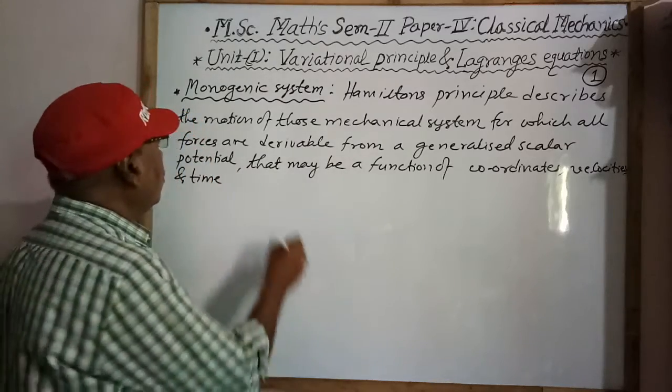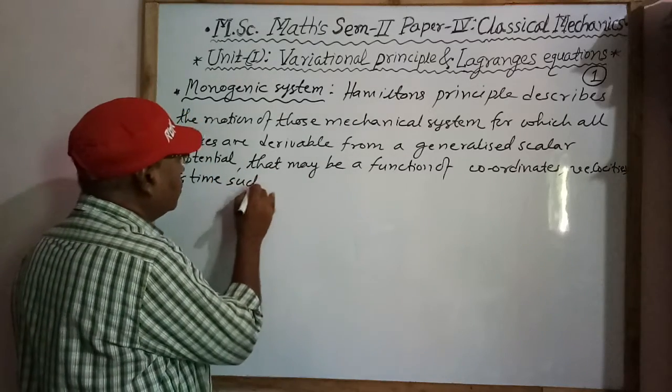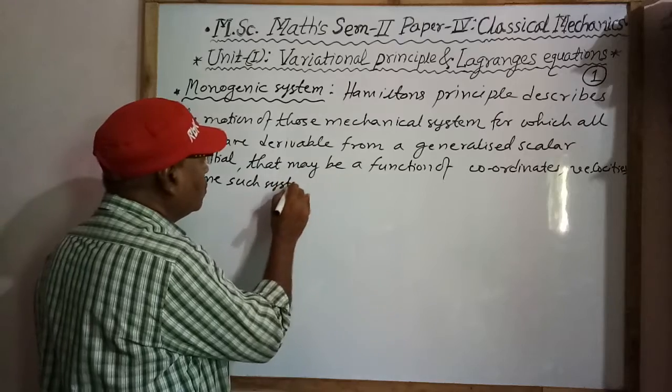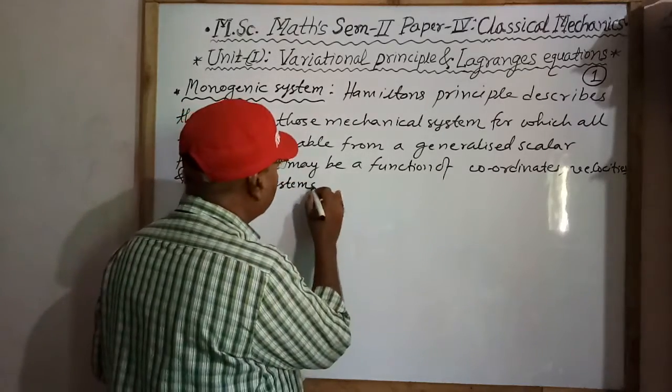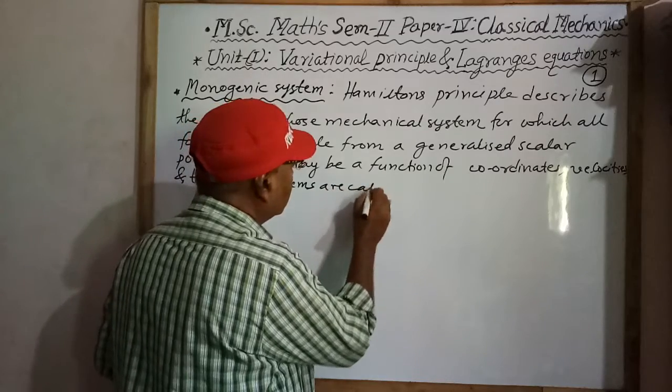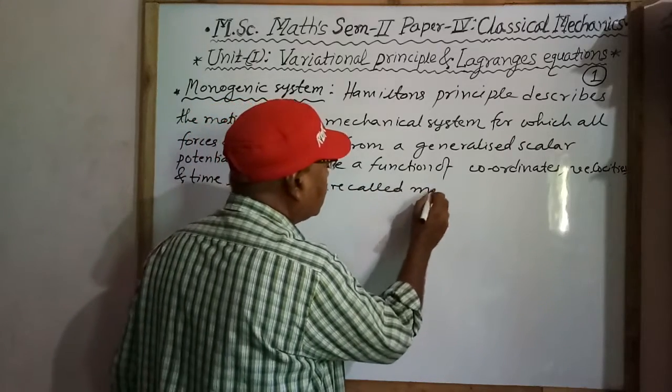Such systems are called monogenic system.